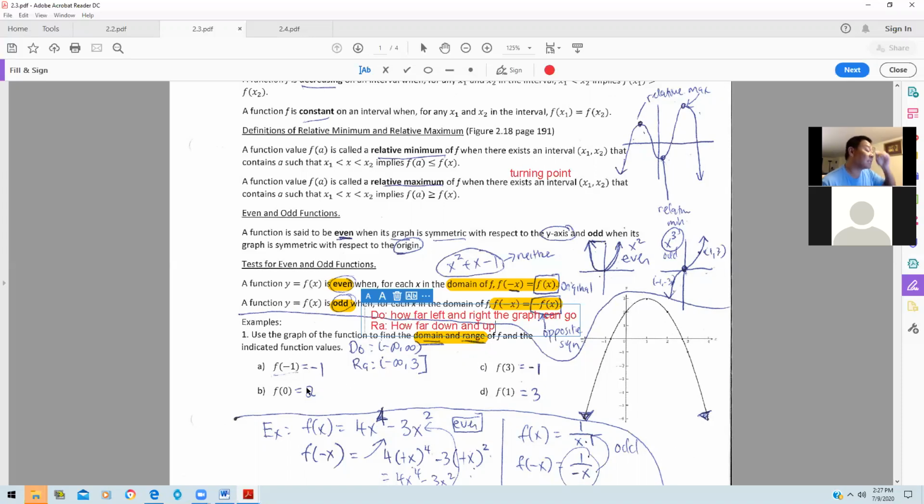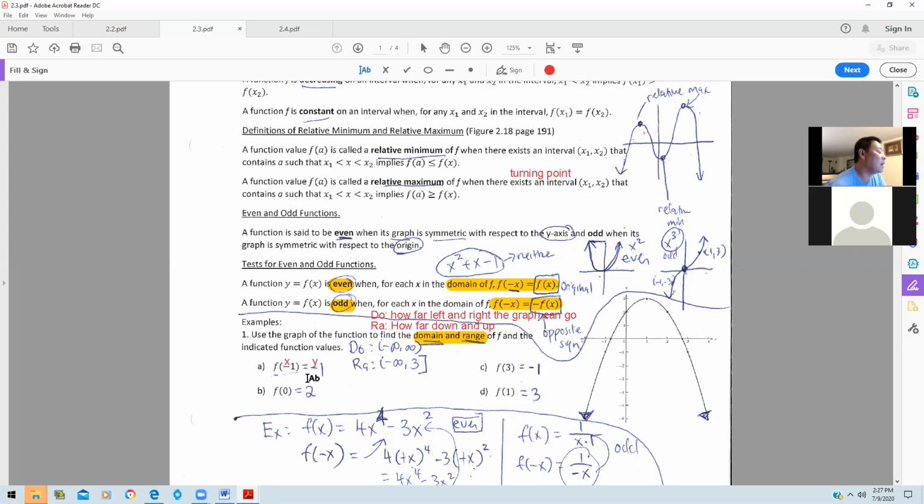If a question asks you to find f of -1, you look at your x value and figure out your y value for that case. Sorry, I read 1. -1 is here, and my y value is -1.